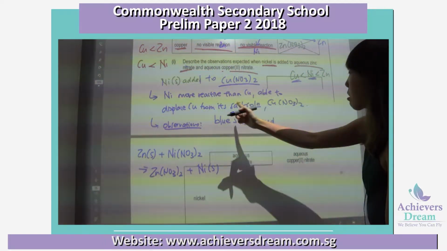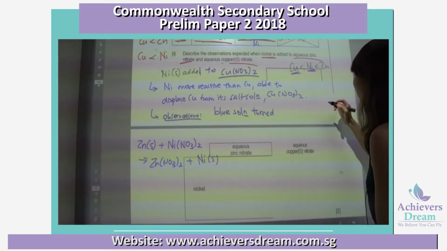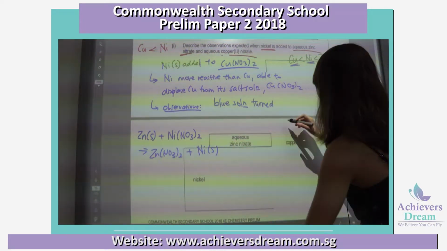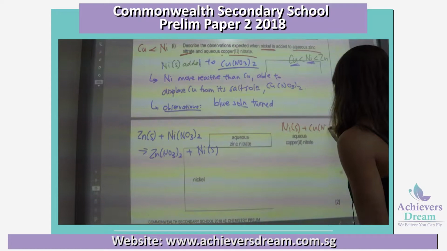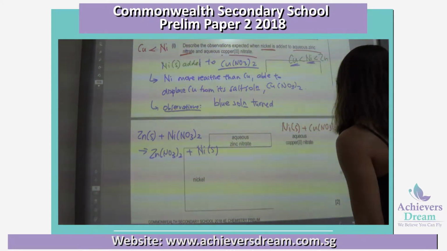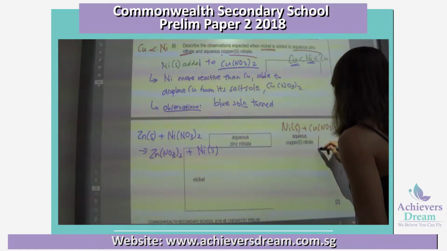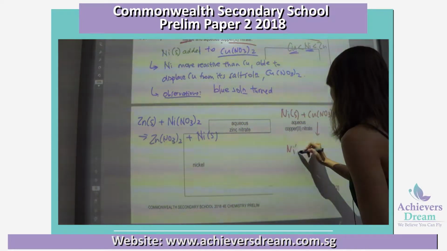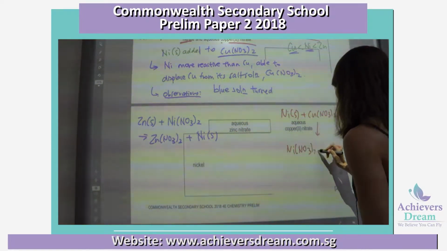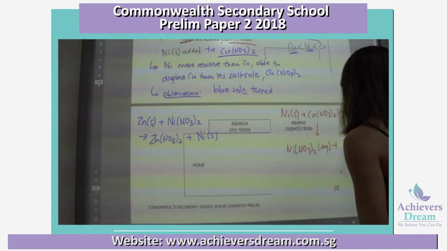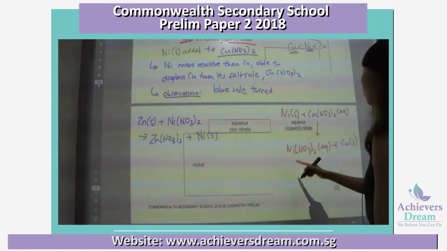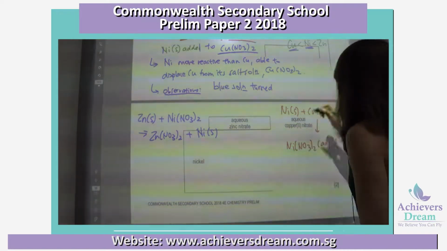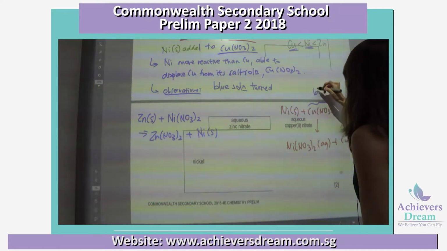Nickel would displace copper from its salt solution to form what? So this will be the chemical equation. Nickel plus copper 2 nitrate to form nickel nitrate, correct? Plus copper solid. So, copper 2 nitrate, I know that this is a blue solution.